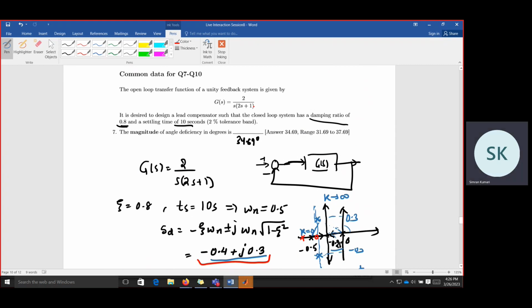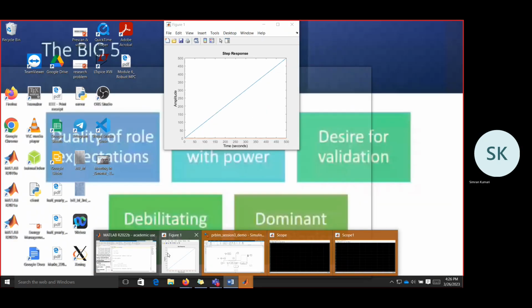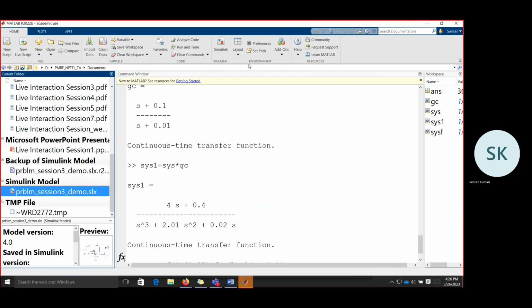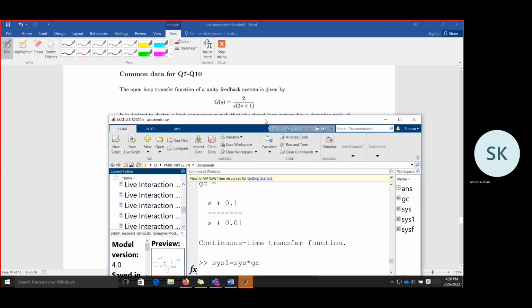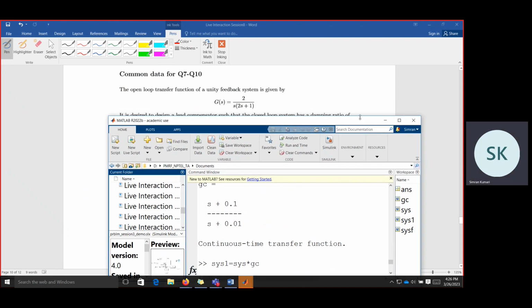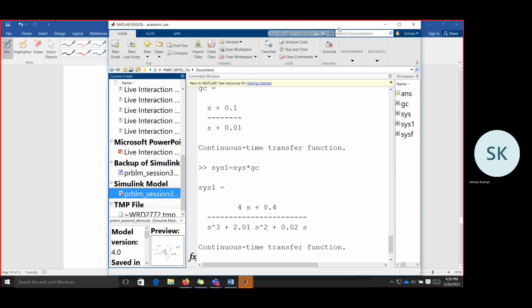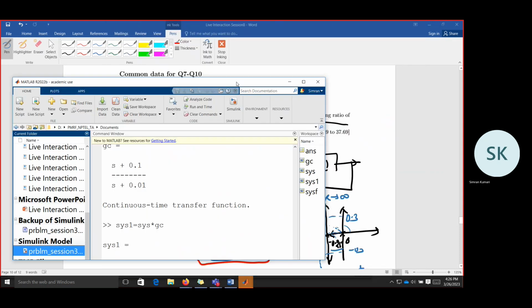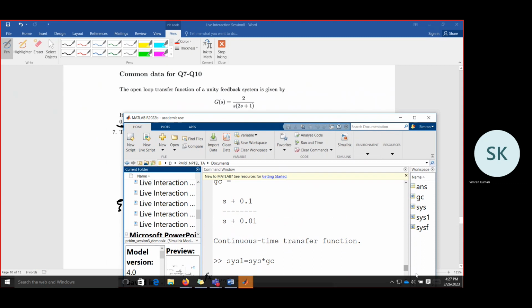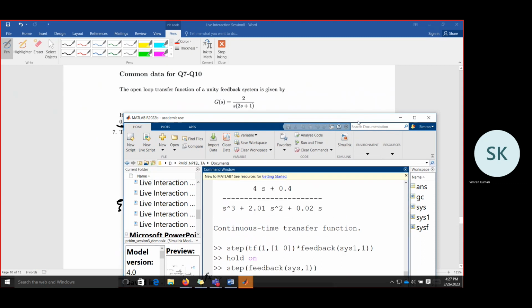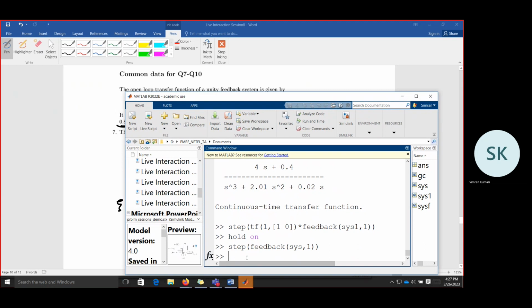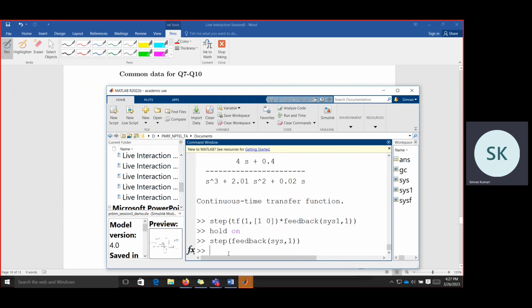So we have this system, which is 1 by 2s square plus s, and we'll try to find the root locus.